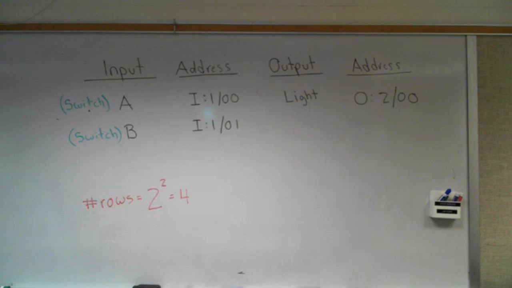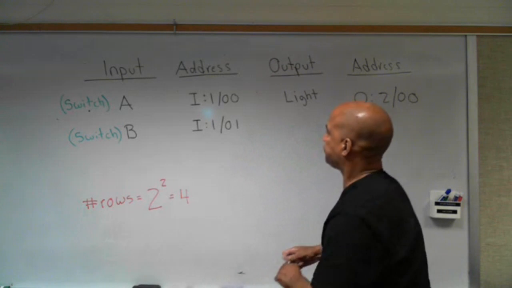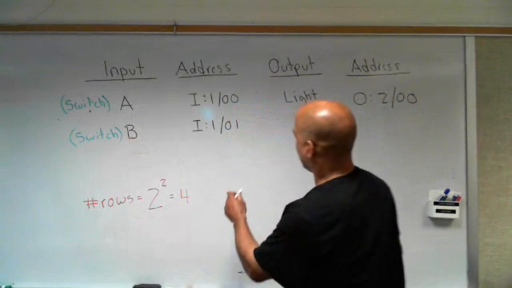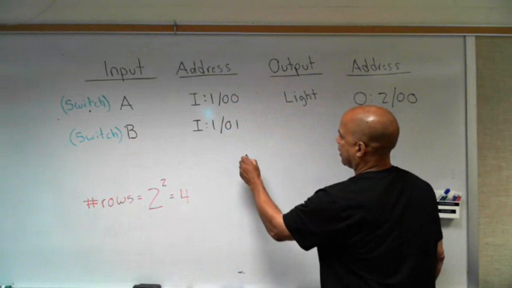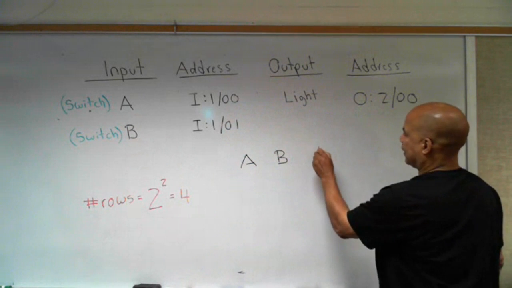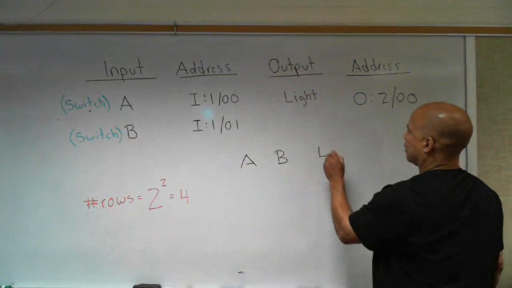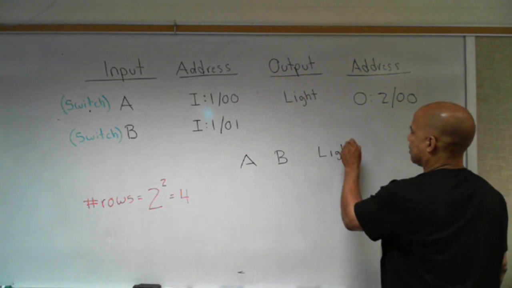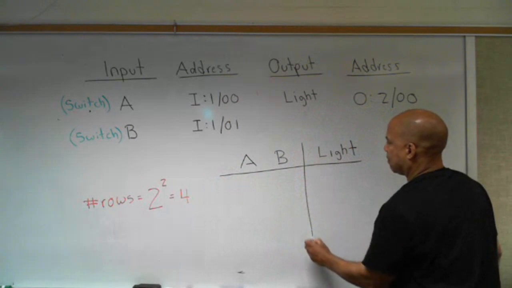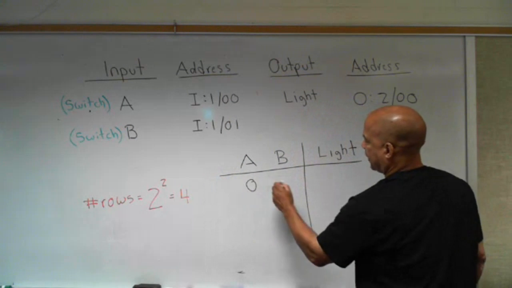So here's the first couple steps. We'll go ahead and design our truth table. I just called the switches A and B. So my inputs A and B are my truth table, and my output is a lamp, or a light. I need 4 rows in the truth table.